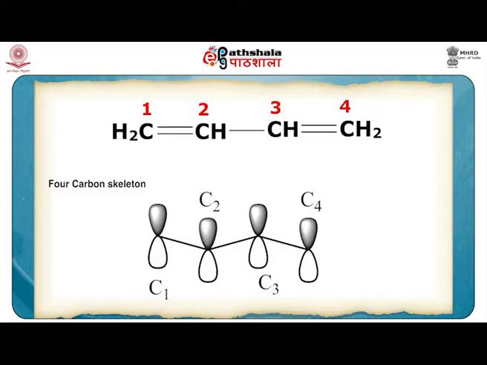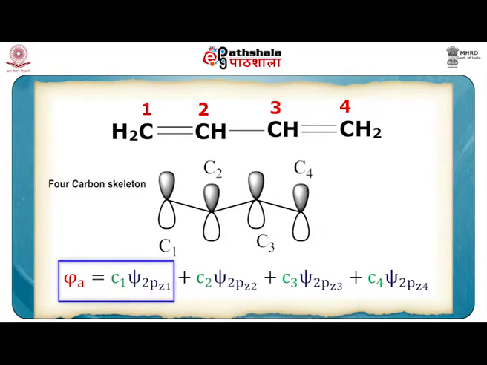Now, the first thing which we have to do in HMO, as you all know, is to approximate the molecular orbital. So for this molecule, the molecular orbital can be assumed to be written in the following form: phi_A is equal to C1 psi 2pz1 plus C2 psi 2pz2 plus C3 psi 2pz3 plus C4 psi 2pz4. Psi 2pz1, please remember, is the pi orbital which is in the z direction and is centered on carbon atom labeled 1.